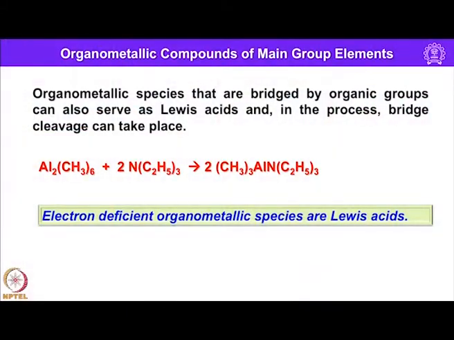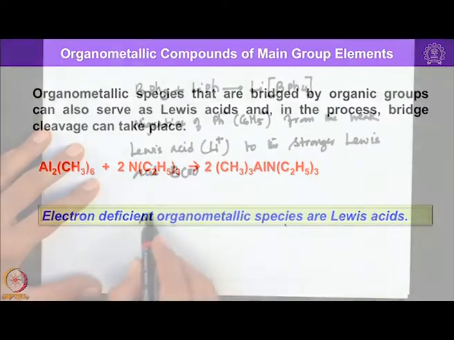Organometallic species that are bridged by organic groups can also serve as Lewis acids, and in this process bridge cleavage can take place readily. For example, I have shown here trimethyl aluminum is a dimeric compound, something like this.